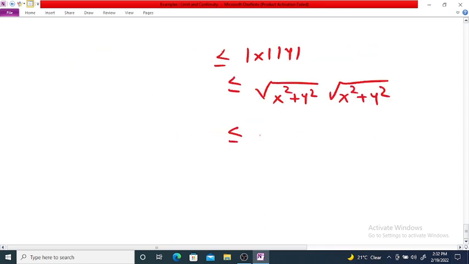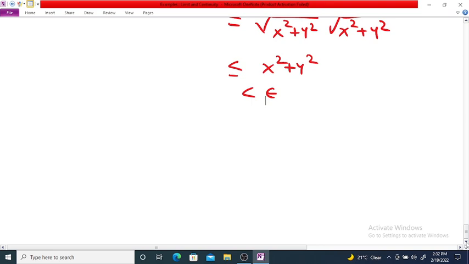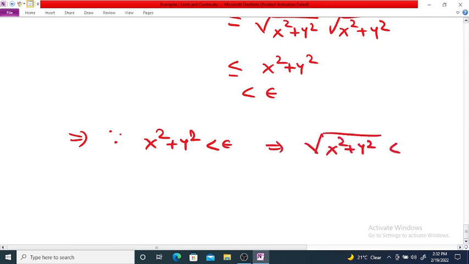So this is less than or equal to x square plus y square, which is less than epsilon. Now since x square plus y square is less than epsilon, this implies square root of x square plus y square is less than or equal to epsilon raised to 1 by 2, and therefore select delta equal to epsilon raised to 1 by 2.